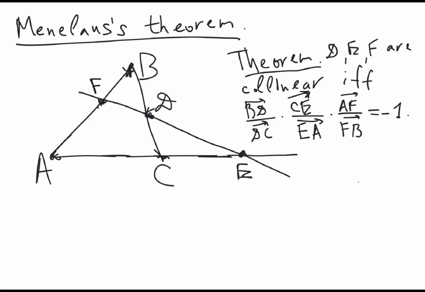In Ceva's theorem this product was equal to 1, and here it's -1.